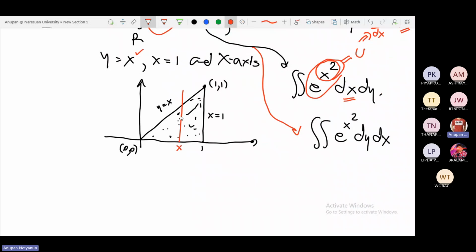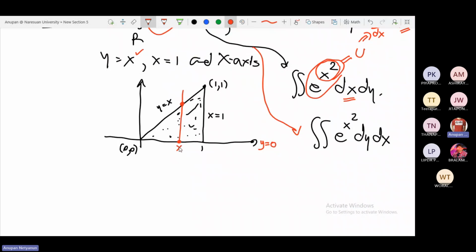Now, I'm going to find the running numbers for y. So at this constant x, y starts from this point to this point. At this point, it's on the x-axis, and the equation of the x-axis is y equal to 0. And it runs to this point, which is a point on the line y equal to x.